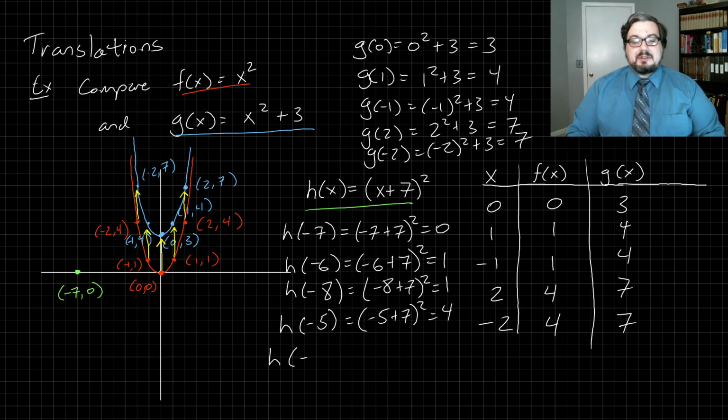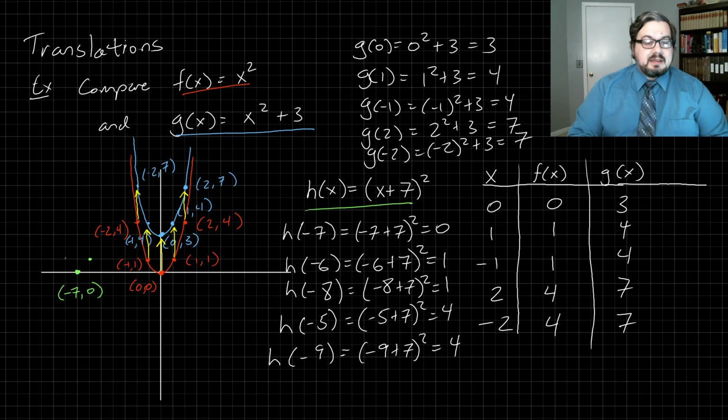And h of negative 9 is negative 9 plus 7 squared, which is, again, 4. The reason I've chosen these particular numbers is that we see the same pattern, the same shape of the graph emerging. So we have the points negative 6, comma 1, negative 8, comma 1, and then negative 5, comma 4, and negative 9, comma 4.